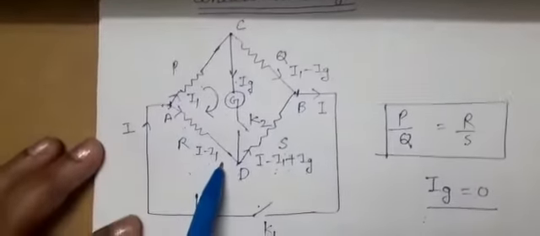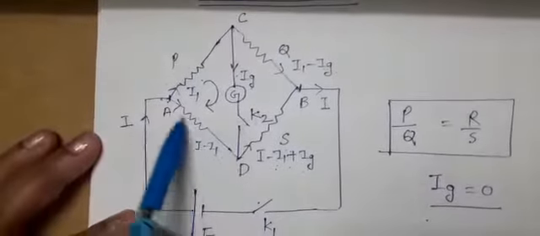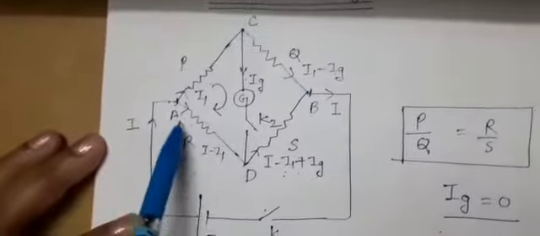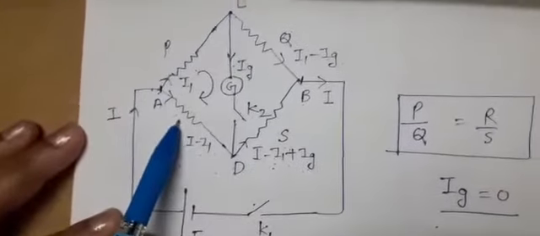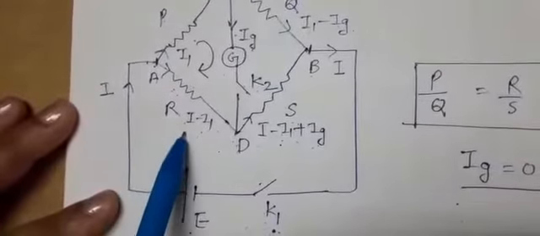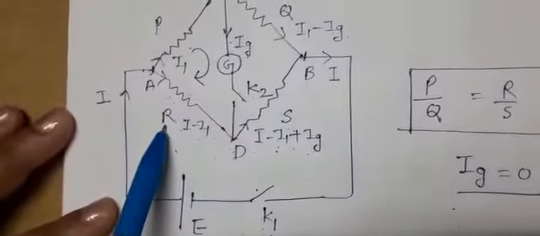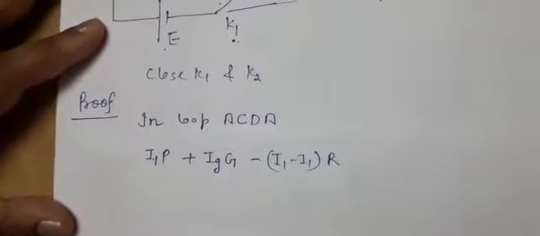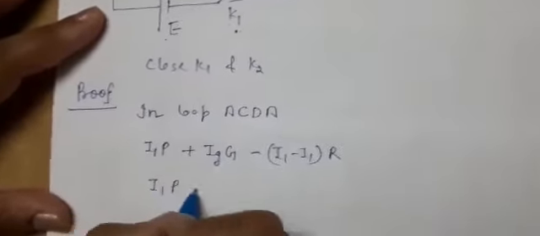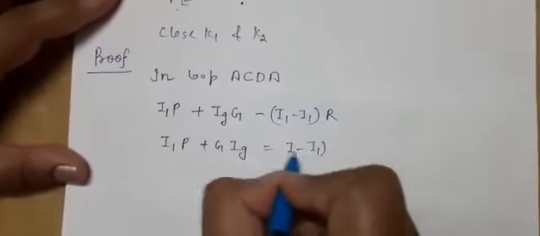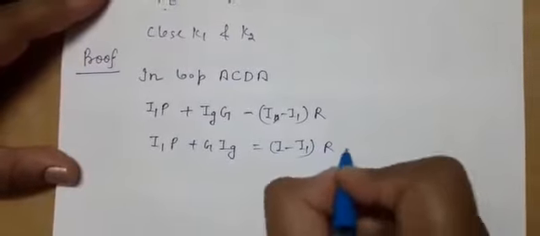Here current is moving along AD, but the loop direction we have taken is from D to A. So the direction of current will get reversed. So the potential drop across resistance R will be minus I minus I1 into R. So we can write it as I1 P plus G Ig equal to I minus I1 into R.